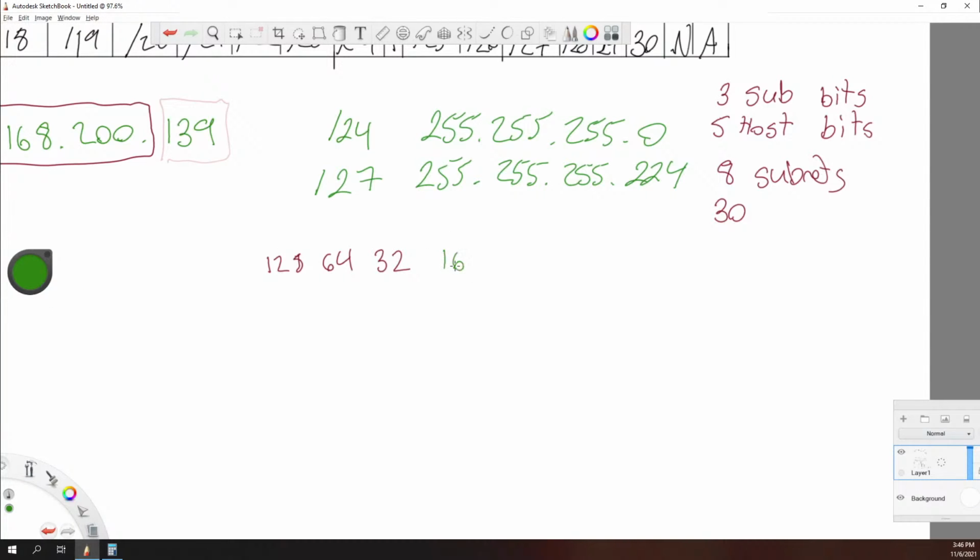And then we're left with our host portion, which is 16, 8, 4, 2, and 1. So our network portion is on the left and our host portion on the right. If we add these up, that's where we get our 224.